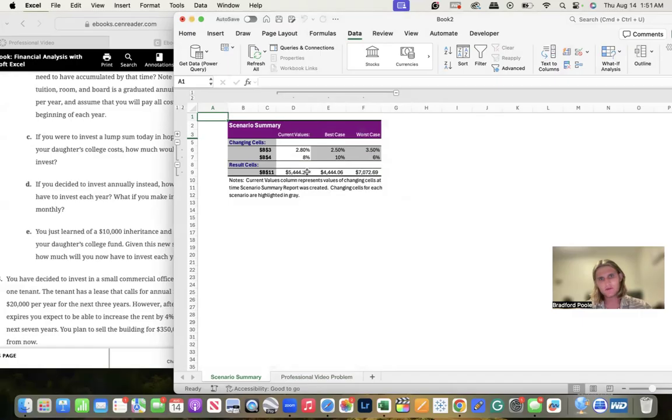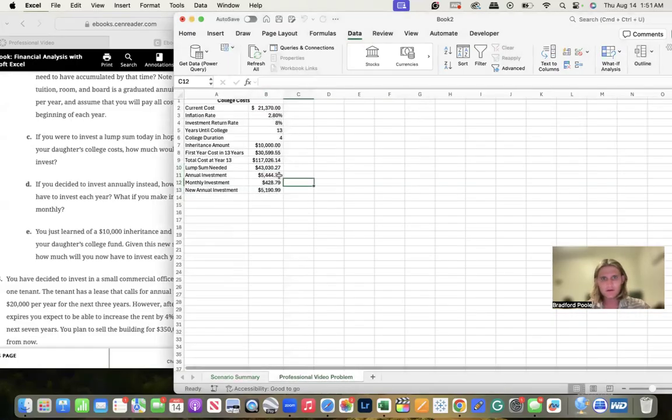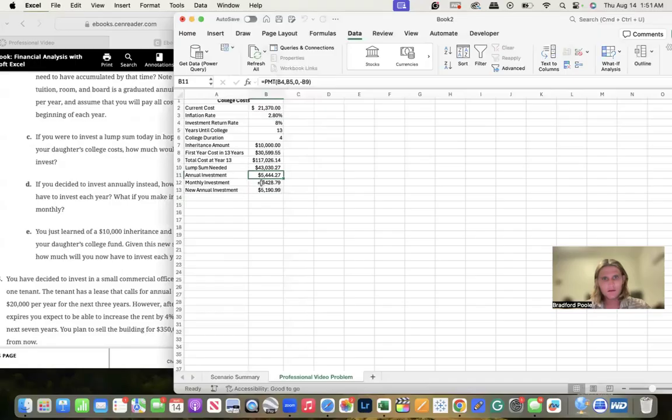Our best case would be we had to invest that amount, and then worst case we would have to invest that amount in order to pay for our daughter's college in this problem. And you can also do that with your monthly investments as well.